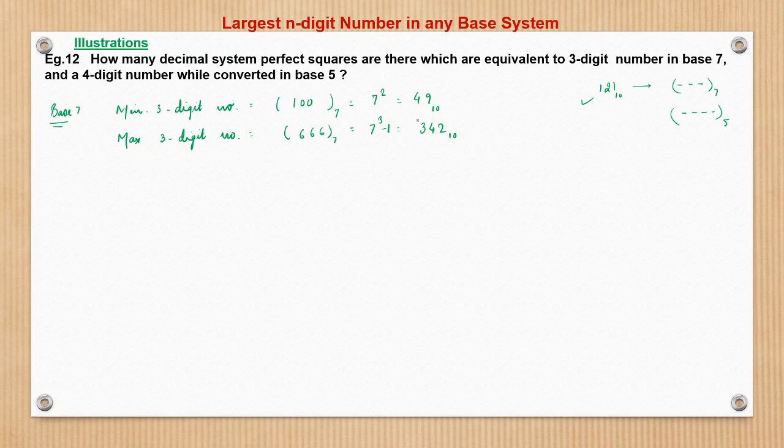So basically, all these are in base 10 now. So here we know that n, in the decimal system, lies between 49 and 342. And between these two, what are the possible perfect squares? Possible perfect squares in this range is nothing but what?